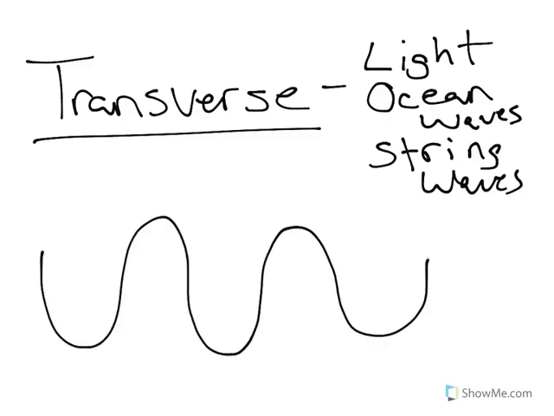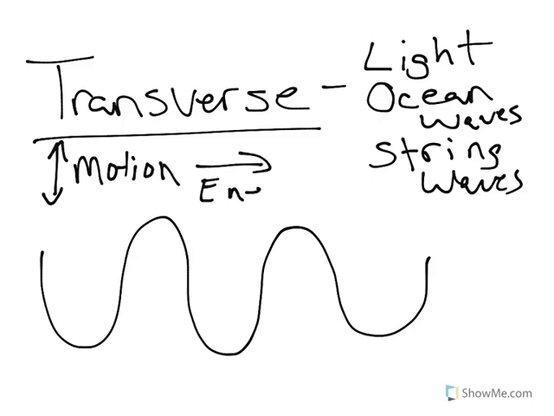The important thing to remember here is that the particles within the wave are going to move up and down. This is going to be the direction of motion. But then the energy transfer is that way.